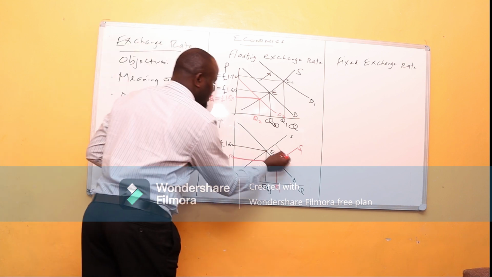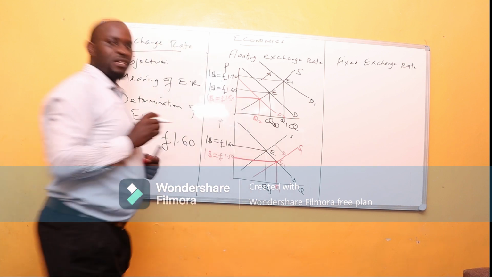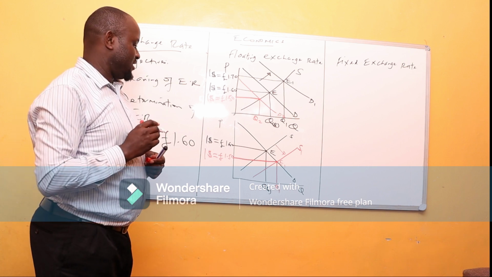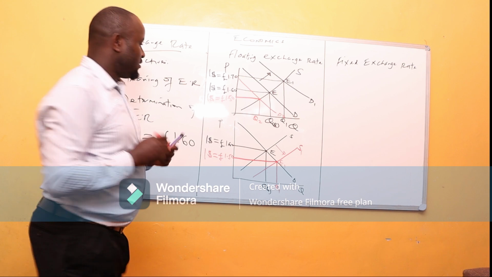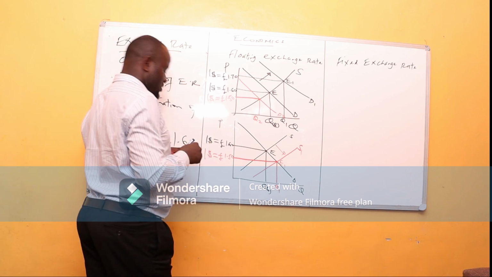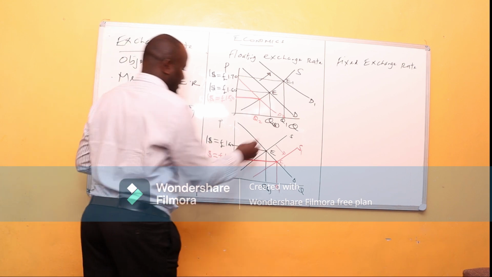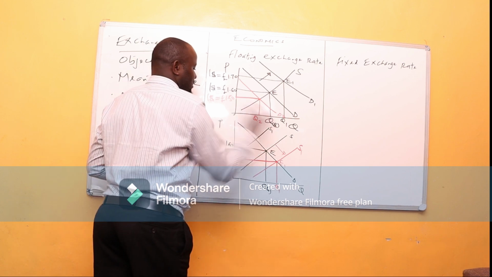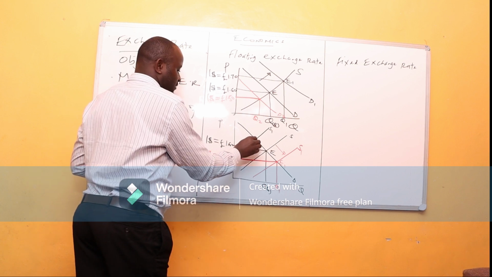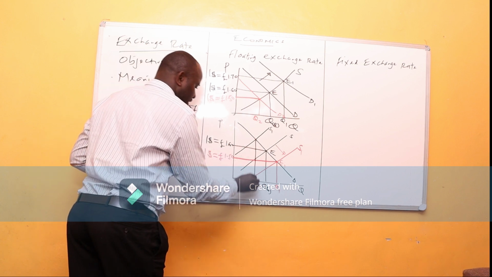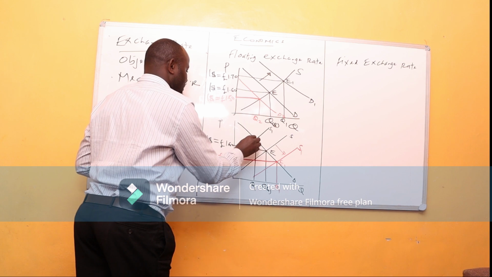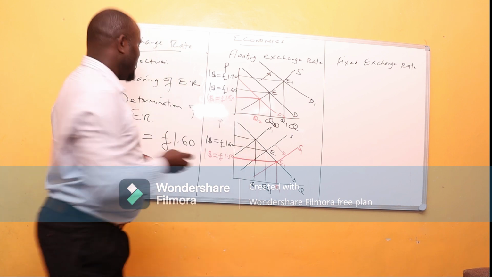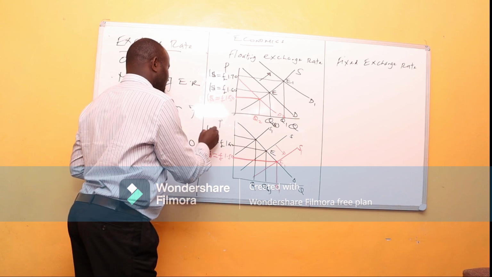Now let's see what's happening there. The increase in the supply of the currency has altered the exchange rate. This is also true for the decrease in supply. When there's a decrease in supply, the supply curve shifts to the left, leading to a lower equilibrium quantity at a higher price or a higher exchange rate.